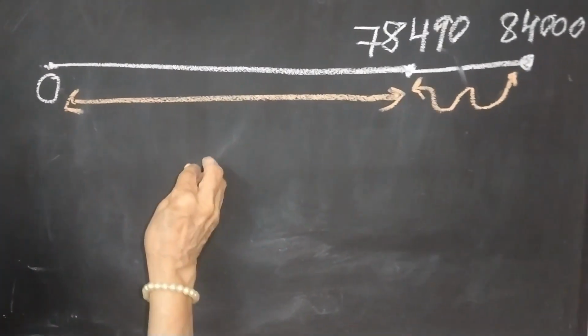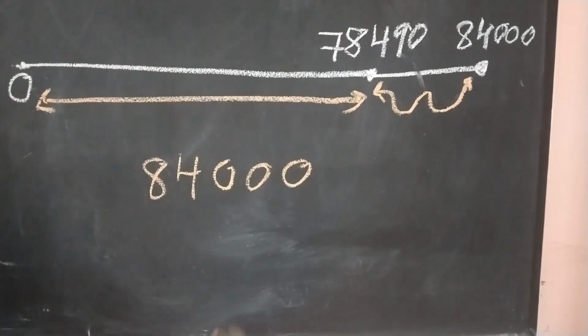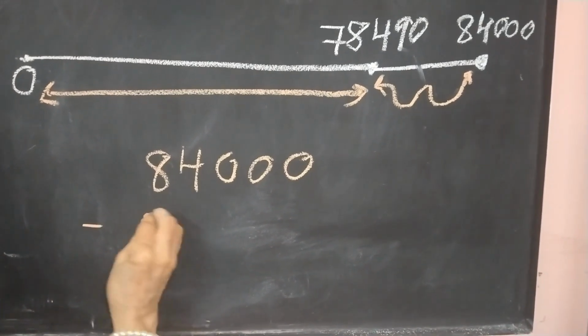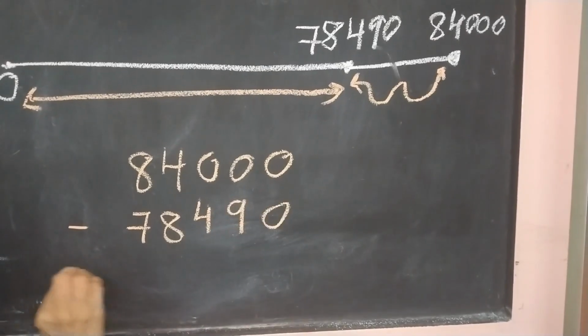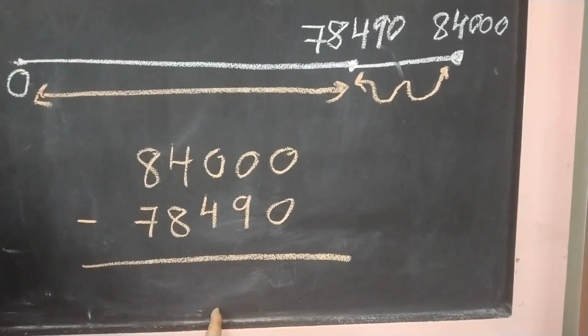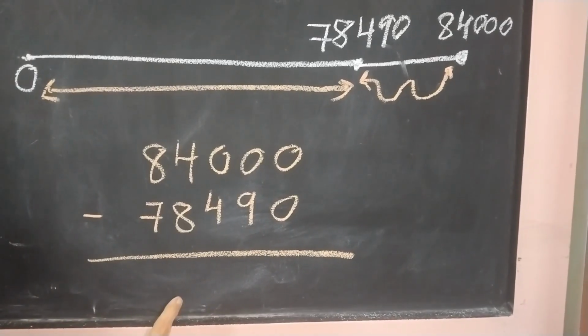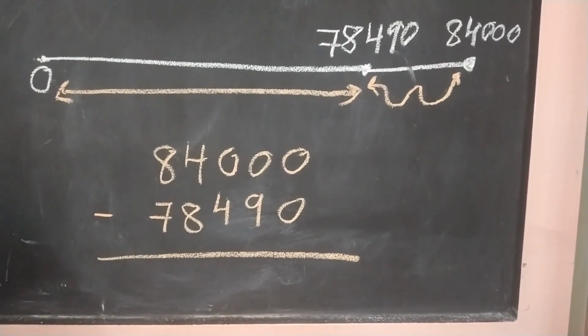So our answer should show that this was the ultimate figure of donation, but we were expecting only 78490, and hence whatever answer comes after subtraction, that will show that this much amount exceeded our expectations.